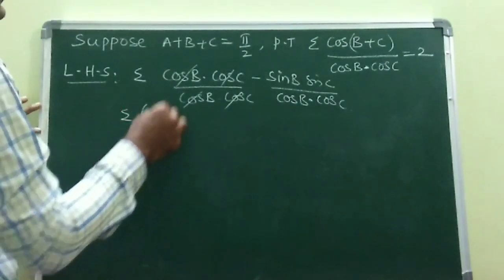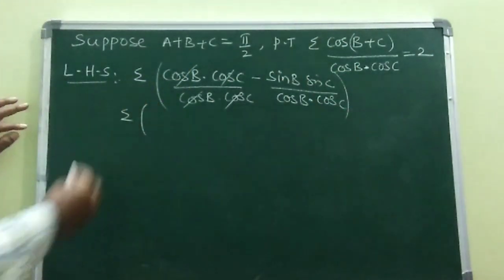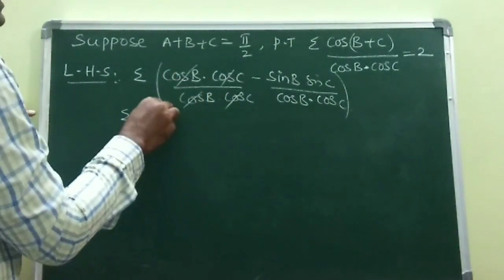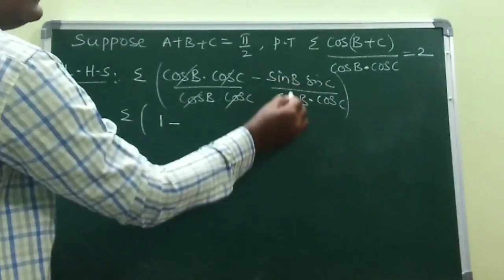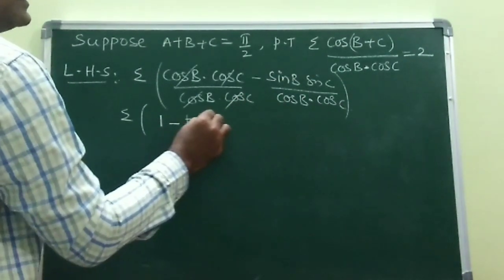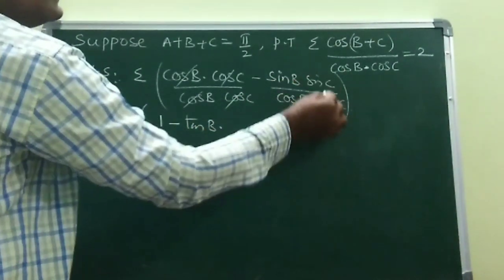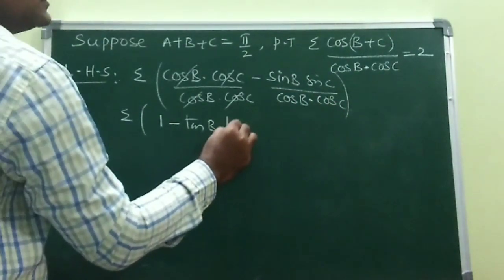Hence this is sigma, everything under the notation of sigma. What is there here? After cancellation, 1 minus sin B by cos B, I can write tan B, into sin C by cos C, which is tan C.